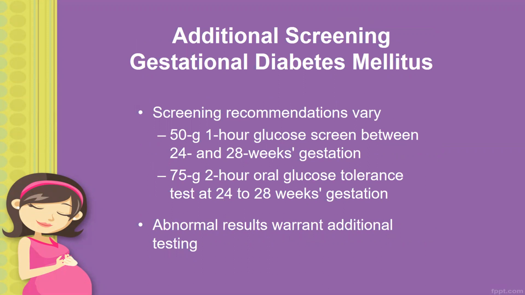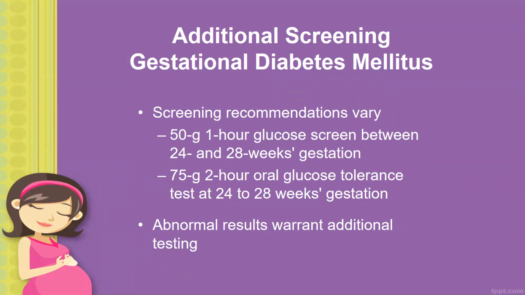Additional screening is gestational diabetes mellitus. All women are usually screened for gestational diabetes. The screening is usually done between 24 and 28 weeks. If the first screenings come out positive, that shows a need for additional tests.